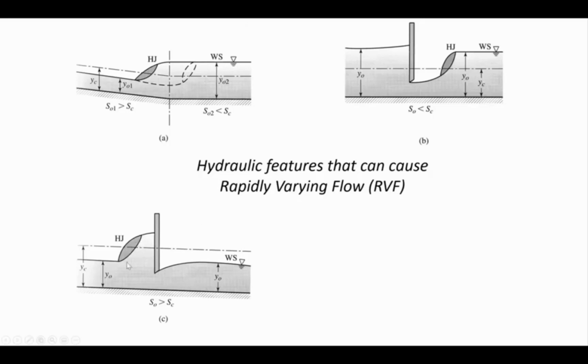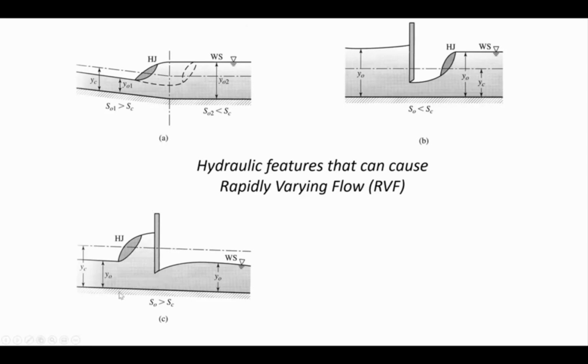So consider this case C, where the slope is steeper than the critical slope. S sub C means the slope required to cause critical flow. Here it's steeper than that, and that means that normally you'd have supercritical flow, but the gate is impinging on the normal flow depth, and so it's going supercritical and it jumps up to subcritical flow because the depth is higher to cause enough pressure to force the water under the gate.